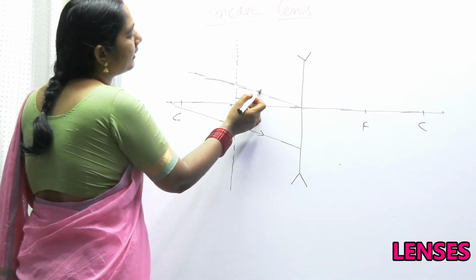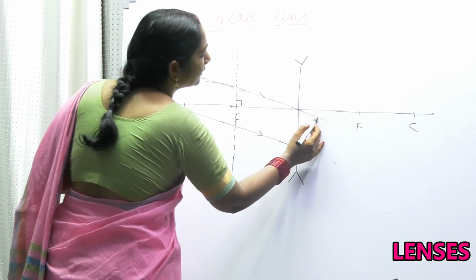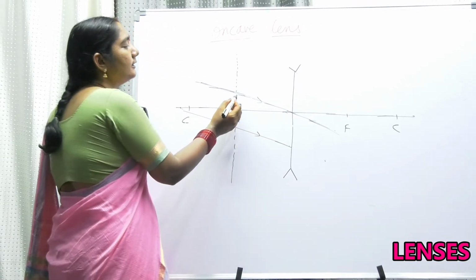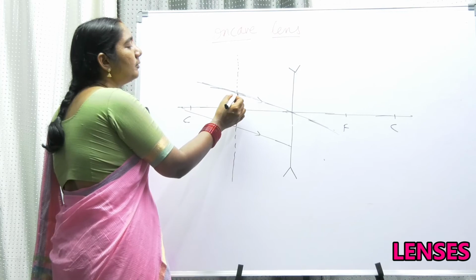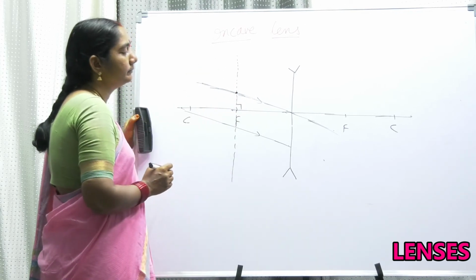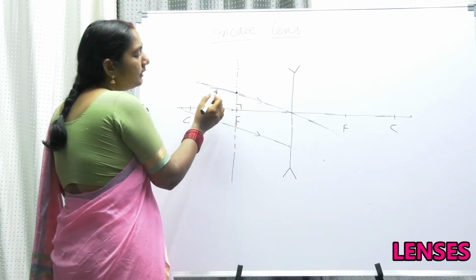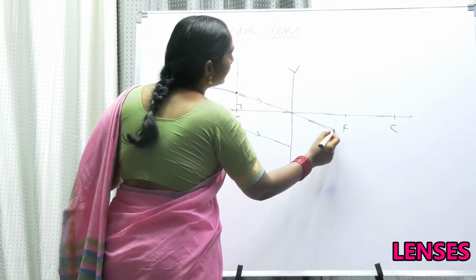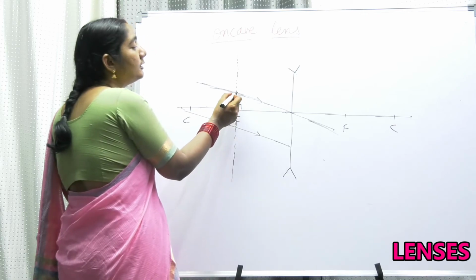I am not trying to draw a line parallel to the above line. These two lines are parallel. I am trying to draw a line passing through the optical center. This line is cutting the normal at a particular point.